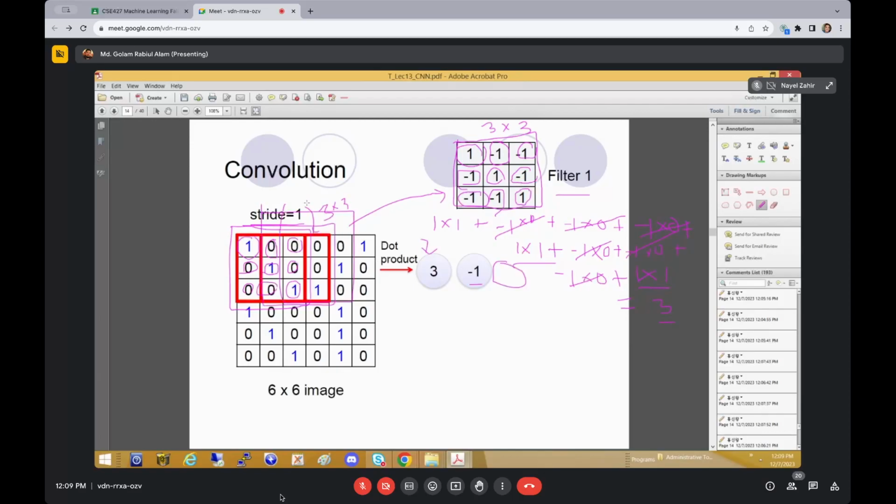After that we shift again, get this patch, and get another value here. Then we have to shift down, again one bit. If we shift down just one bit, this will be our patch this time.